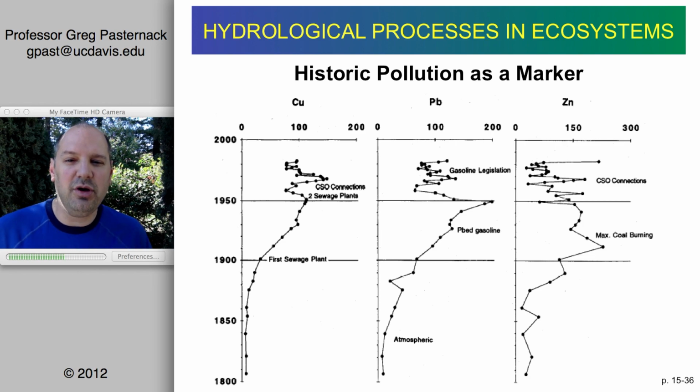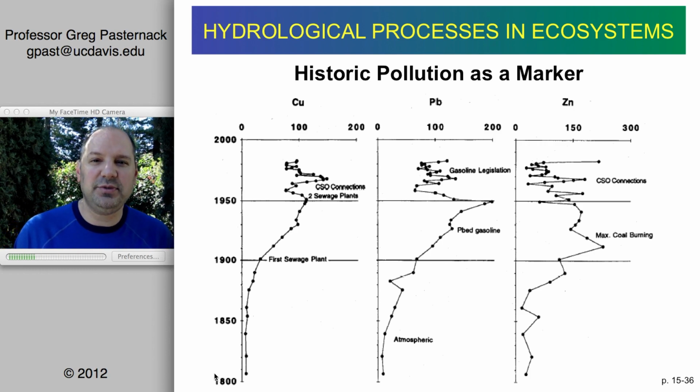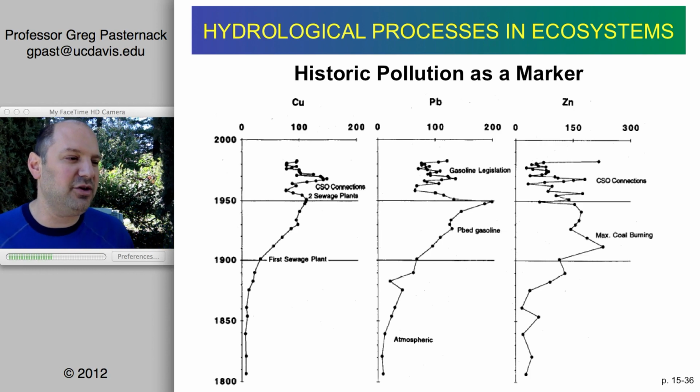So, for example, we can look through time, and if we go down through a core, we're going back in time. We can try to reconstruct the history using something like radioisotopes, whether that's carbon or lead-210 or cesium. There's a lot of ways, and that's not so important right now.